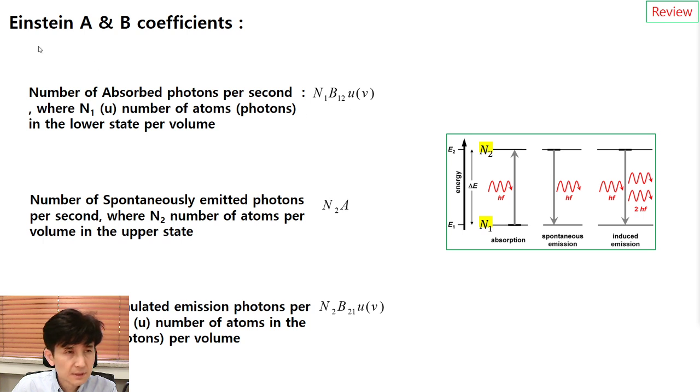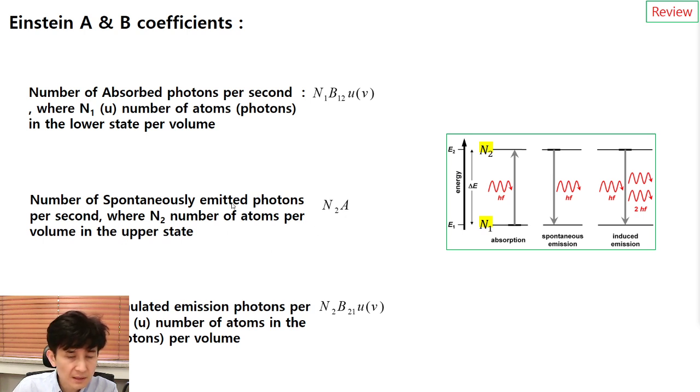Last time we described Einstein's A and B coefficients. When we discussed Einstein's coefficients, we defined the number of absorbed photons per second. It is n1 times B times u, where n1 is the number of atoms in the ground or lower state per volume, and n2 is the number of excited state atoms per volume.